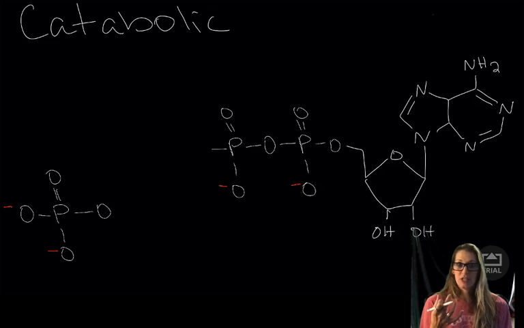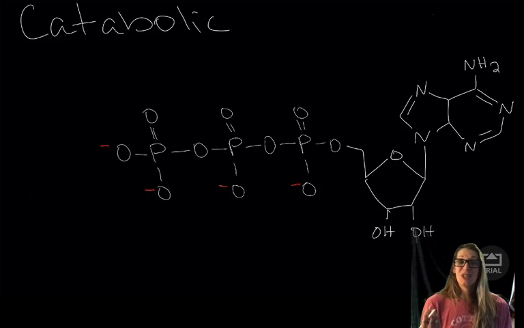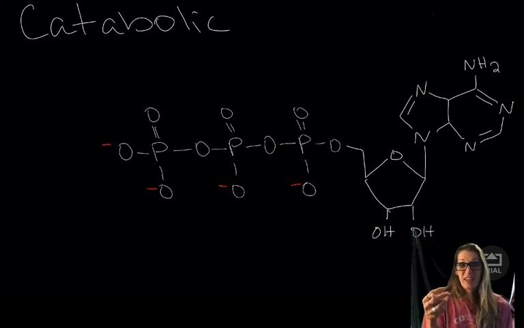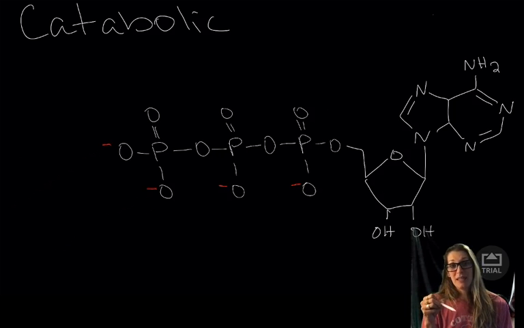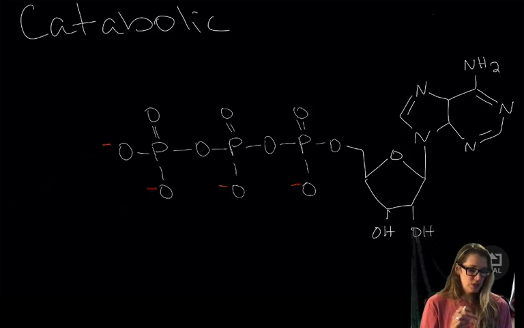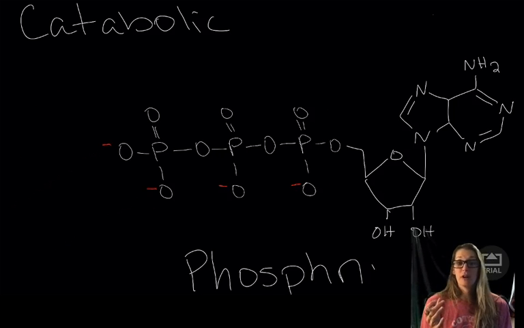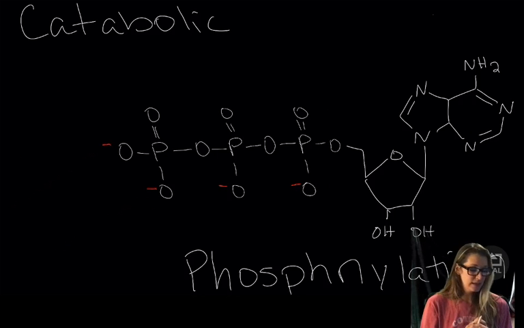Part of the energy that's released from catabolic reactions is used to put that phosphate back on that ADP, and it starts the cycle all over again, because now we've put a phosphate on the ADP, now we have ATP, now we have cellular energy that we can use for cellular processes. And just to remind you, that's called phosphorylation.